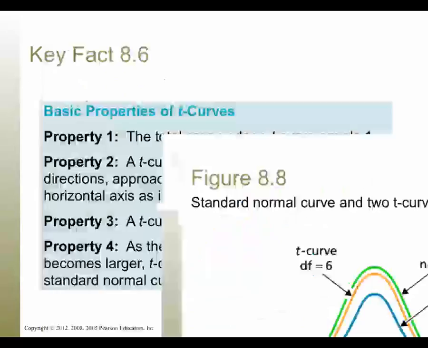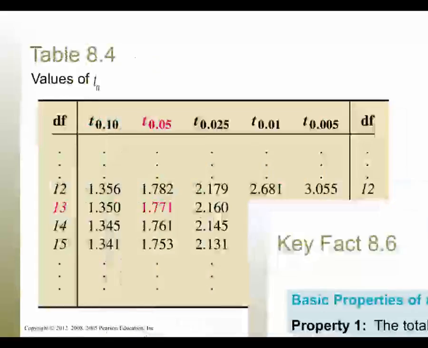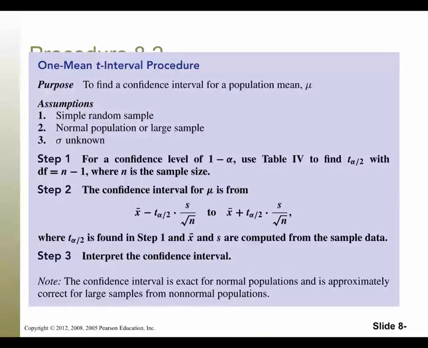So what we do instead is this. It's very similar. Here's our confidence interval. We have a simple random sample. We have a normal population or a large sample, but now sigma's unknown. So here are the assumptions.